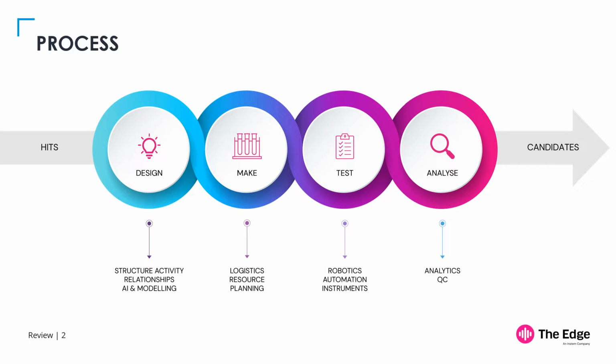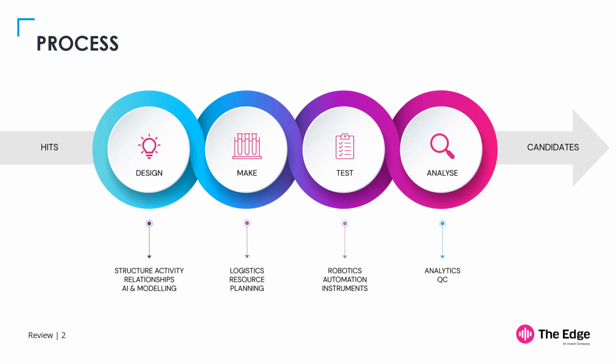It applies the design, make, test and analyze cycle, which is repeated many thousands of times to transform hits into candidates for submission. At the design phase, it provides a store of results that can be used to interpret and design new compounds with optimized properties for the therapeutic application your drug is aimed at.